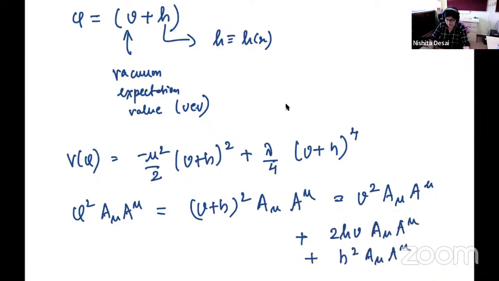There's one term with a constant, which becomes the mass term. And the second term looks like one Higgs. So the h is called the Higgs field.